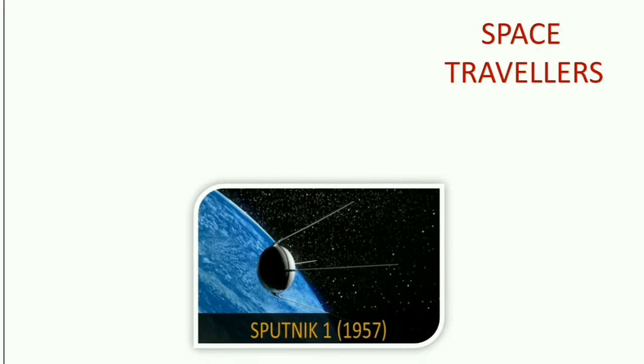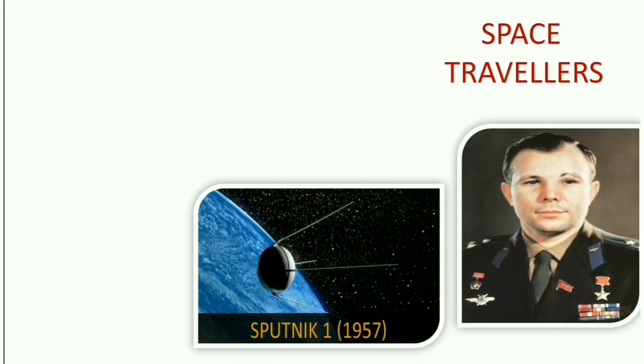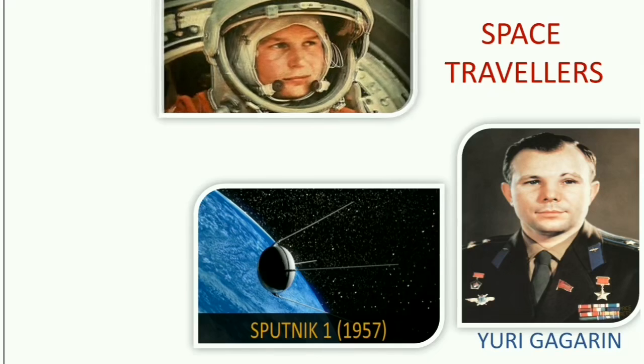I would like to tell you more about our space travelers. Our first satellite was Sputnik, which was launched in the year 1957. The space travelers are Yuri Gagarin. He was the first Russian man to go into the space.